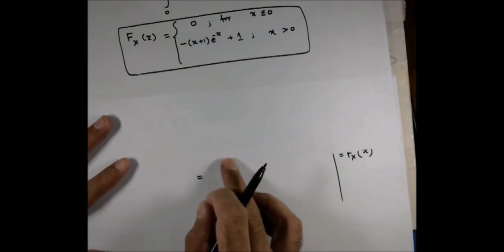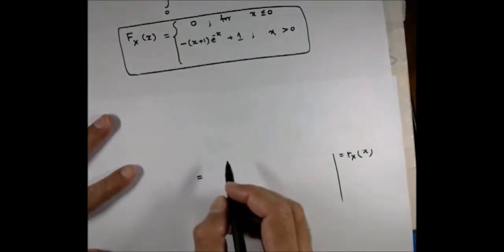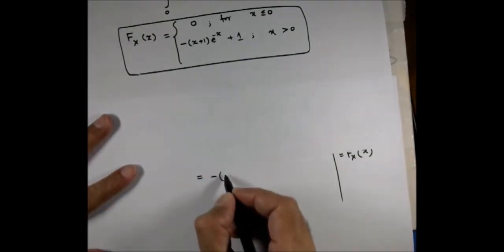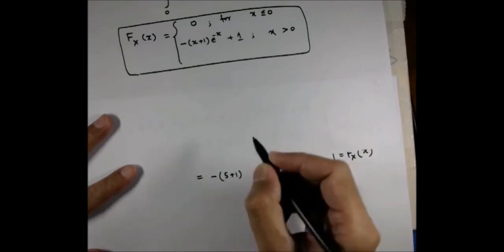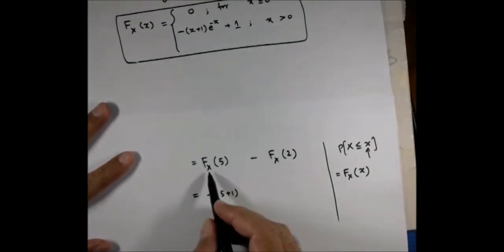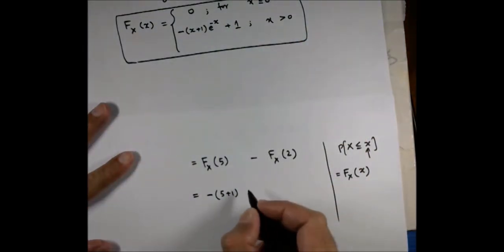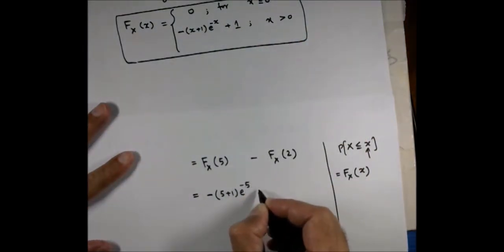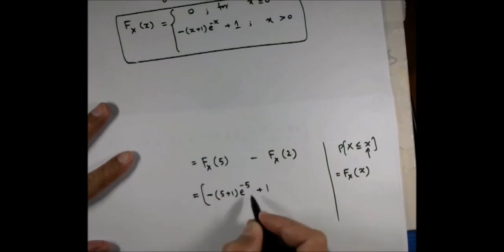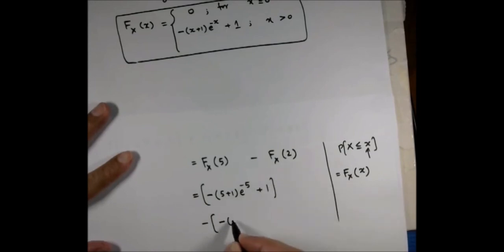So this becomes minus 5 plus 1. You have replaced x with 5 because now you are trying to find f sub x at 5, and this is the expression of f sub x. So minus 5 plus 1 e raised to power minus 5 plus 1, this all minus now the CDF at 2, which is minus times 2 plus 1 e raised to power minus 2 plus 1.